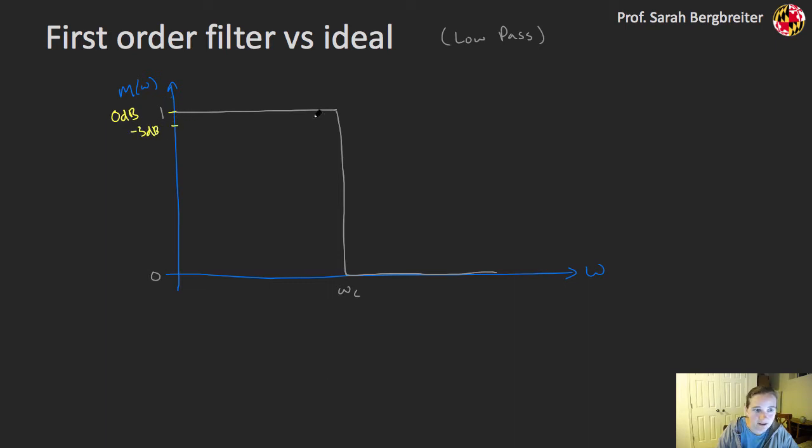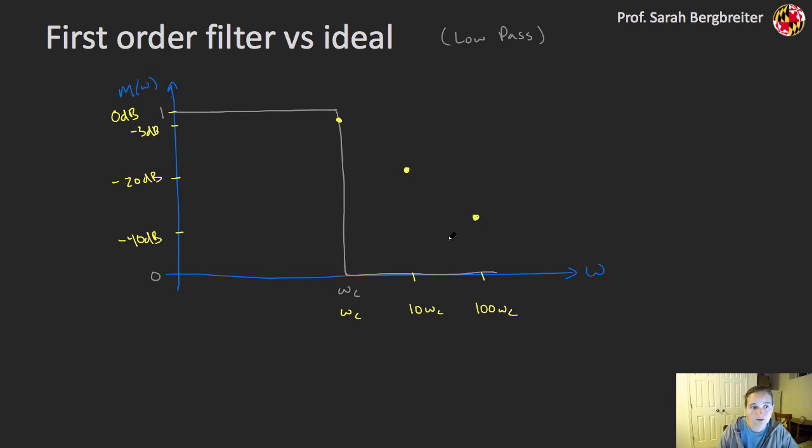So I have a minus 3 dB point right here, and then I'm also going to go down my 20 dB levels that I saw for my first order system, and I'm going to mark my corner frequency once again and a couple decades above that corner frequency, so 10 omega C and 100 omega C. And I'm just going to plot the general magnitude response of a first order system, and that's going to be equivalent to my first order filter response.